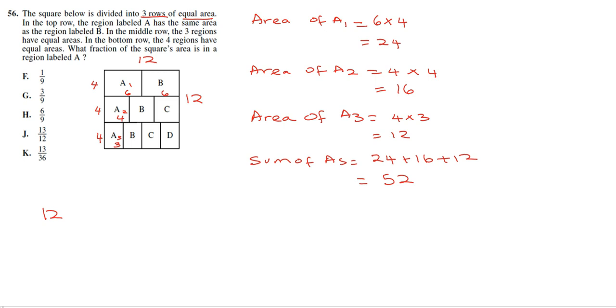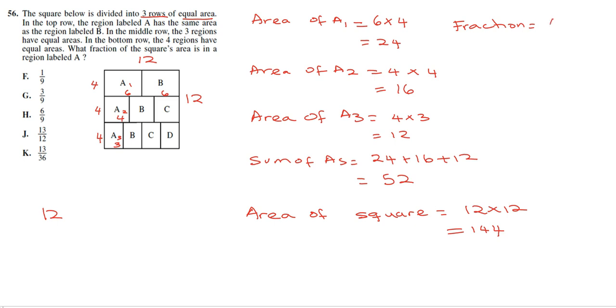Now, area of the total square is 12 times 12, which is going to give us 144. Now we want to find out what fraction of the square's area is in the region labeled A. So let's look at the fraction here.